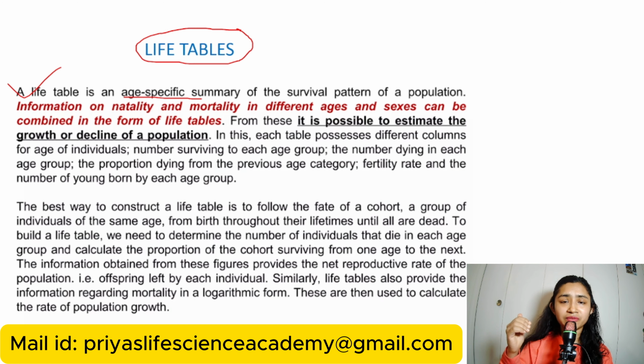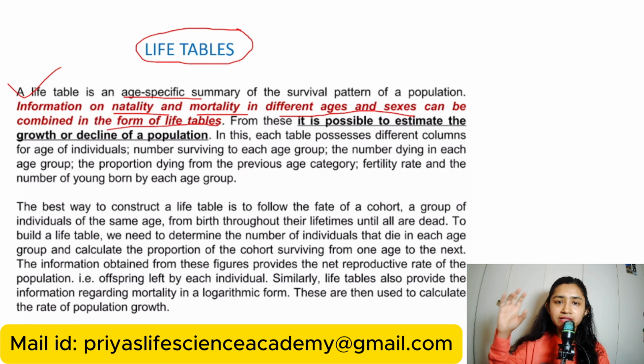Okay, so this type of summary when put together in the form of a table is known as a life table. Information on natality, mortality. I hope you understood what is natality. Natality is birth rate, mortality is the death rate, and different ages and sexes, that is gender, male or female, can be combined in the form of life tables.